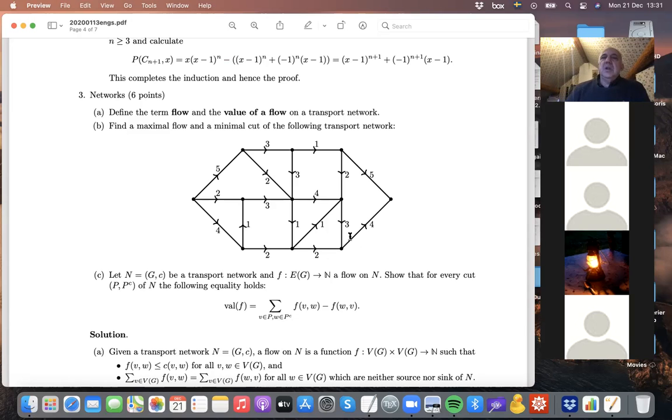Each edge has an integer weight called capacity, but there is an additional requirement that in a transport network, there should be only one vertex where all edges are directed outside. The incoming degree is 0. This is the source. And then there is one vertex of the opposite character, where all edges are coming in and none are outgoing.